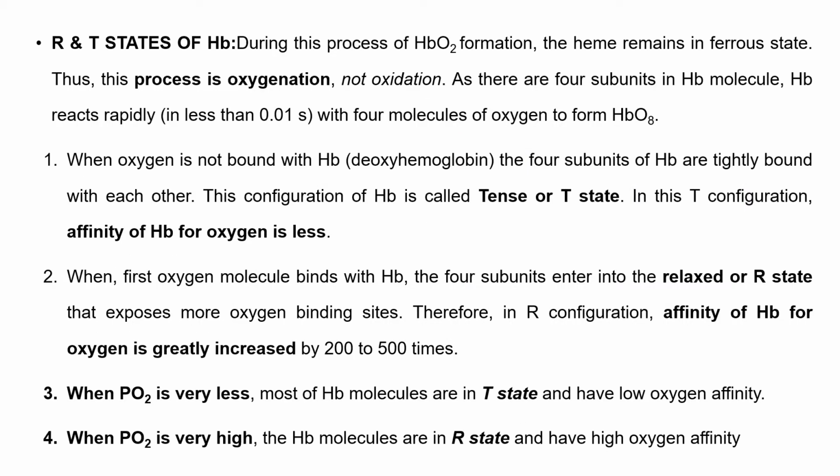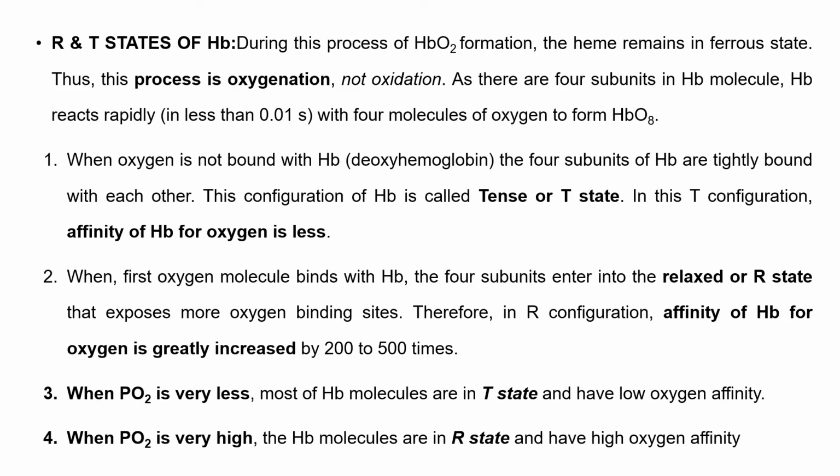See, hemoglobin is present in two states in the RBC. The states are known as R state and T state. During the process of oxyhemoglobin formation, the heme remains in the ferrous state.